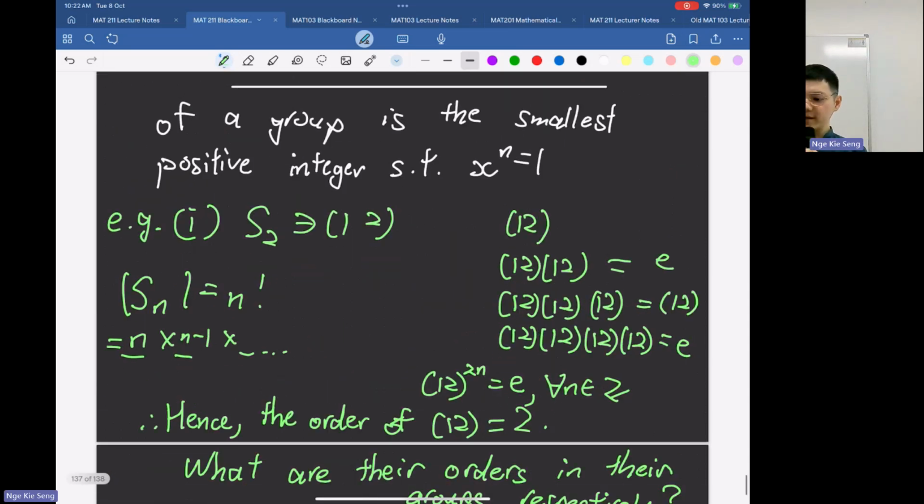You need to find the smallest integer n such that after you take the power, you return to identity.